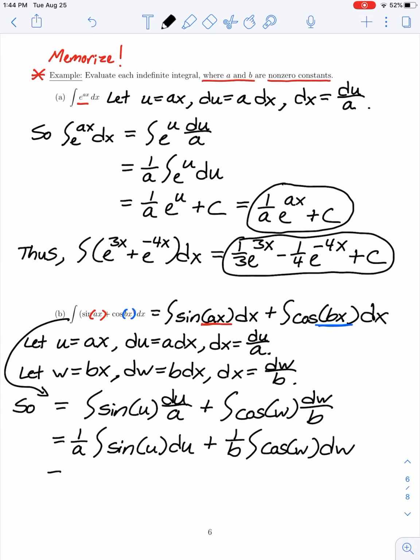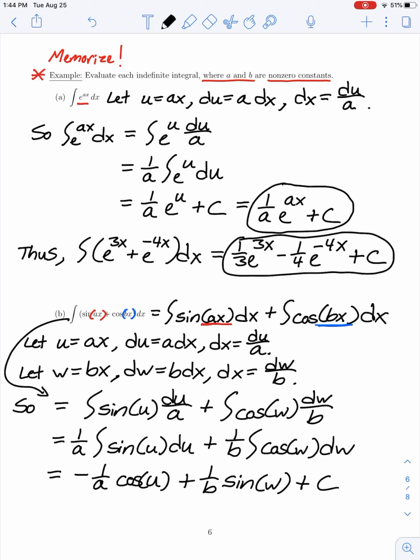And at this stage, we're ready to integrate. We know the antiderivative of sine of u du would be negative cosine of u. So with our constant 1 over a out in front, we have negative 1 over a cosine of u. And then plus, we have a 1 over b, and the antiderivative of cosine w would be sine of w. And then we can add our arbitrary constant on the end once we've found our antiderivative.